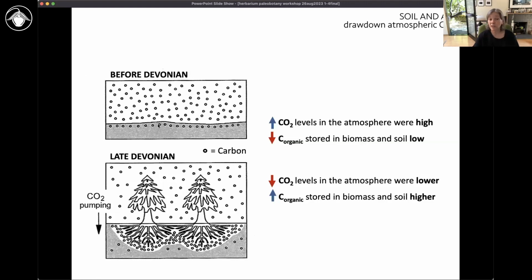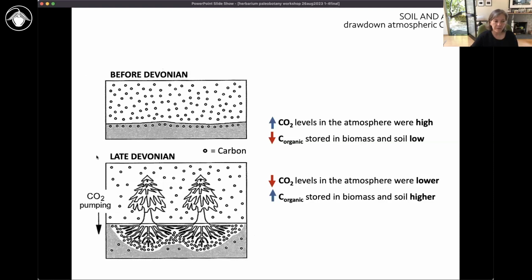There is not a lot of dirt or soil yet because there are not a lot of plants on the surface yet, or there's not a lot of rooting. So therefore the soil layers are not very, very thick. It's just a very flimsy layer. So there's very little carbon actually stored in the soils. So CO2 levels were high before the Devonian. Organic carbon, biomass, and in the soil is relatively low.